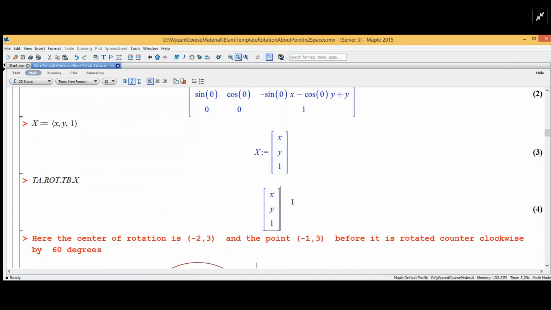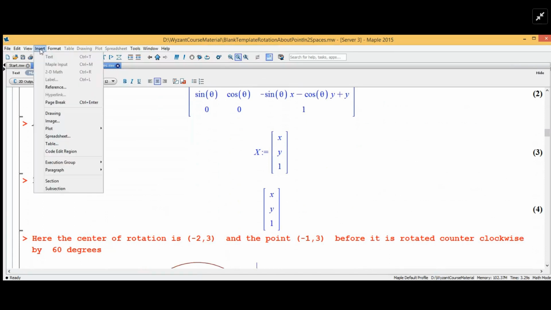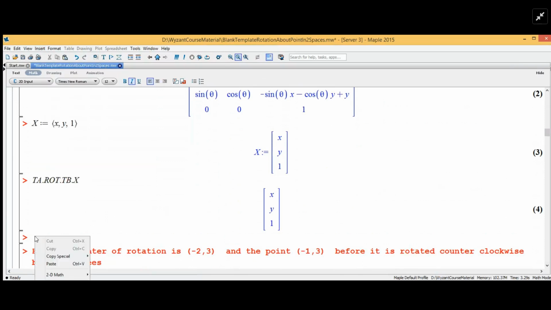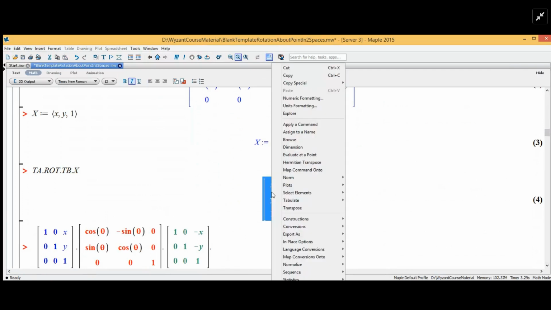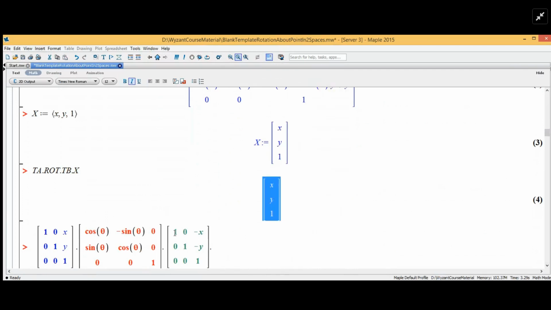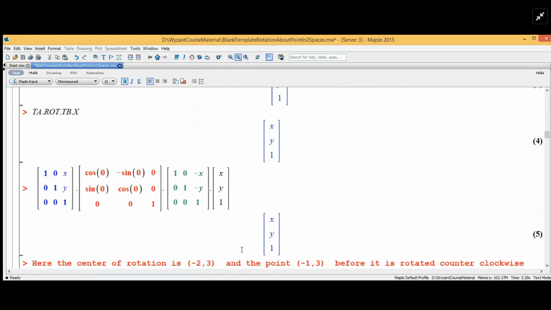So let me see if that works. I'm going to multiply that by this matrix here. And that should give us back, since this is the point of rotation, it should be invariant, right? So we apply that, it should give us (x, y, 1). So bingo, it double checks.